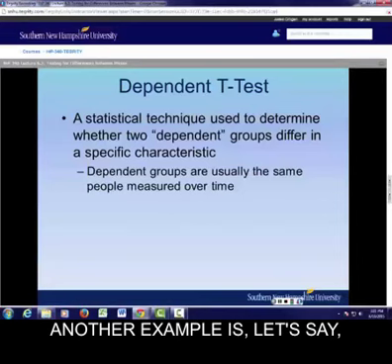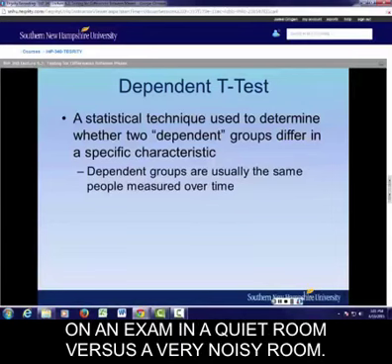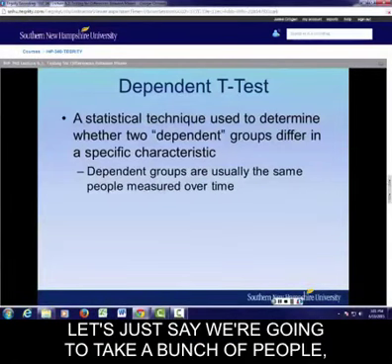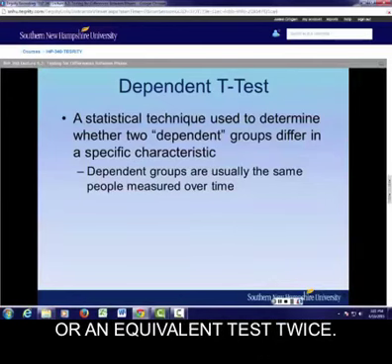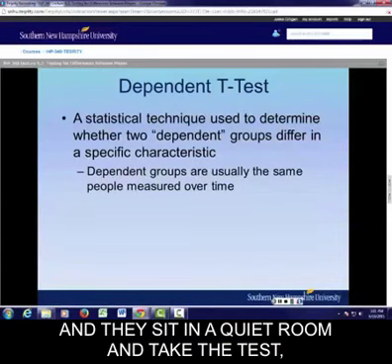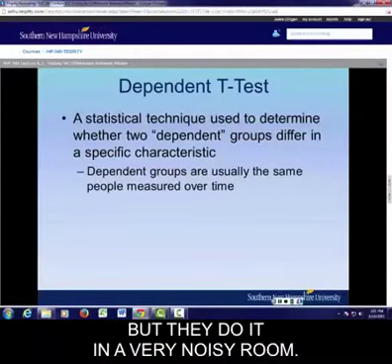Another example is, let's say we're going to measure the performance of students on an exam in a quiet room versus a very noisy room. Let's just say we're going to take a bunch of people and they're going to do the test twice, or an equivalent test twice. On one day they come in and they sit in a quiet room to take the test. On another day they come in and they take a similar test, but they do it in a very noisy room.